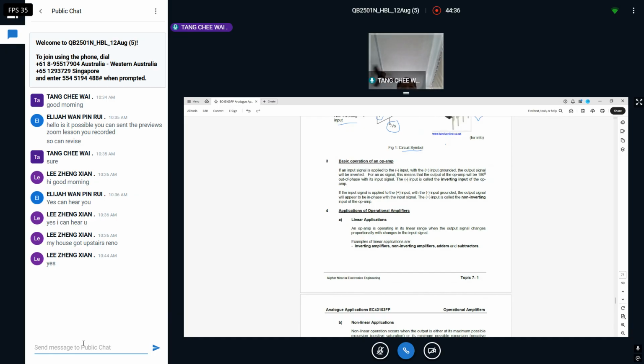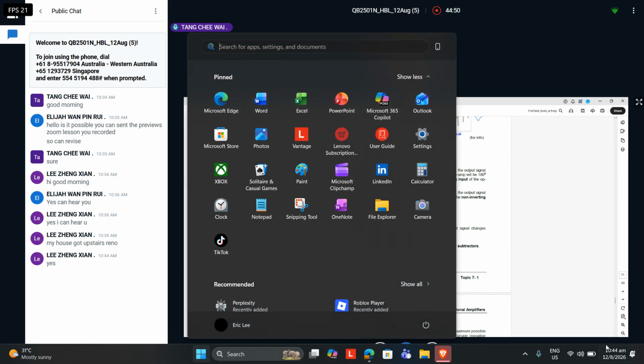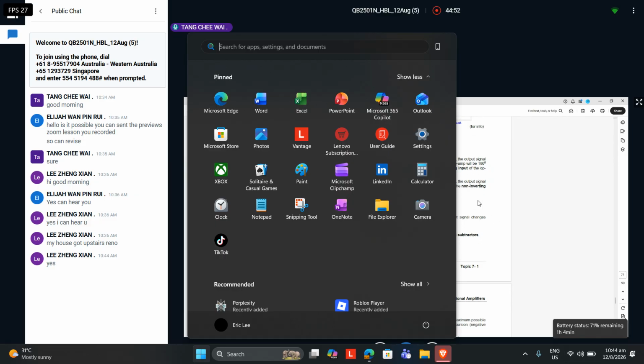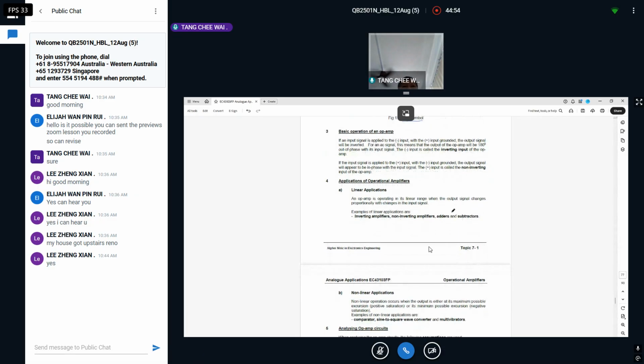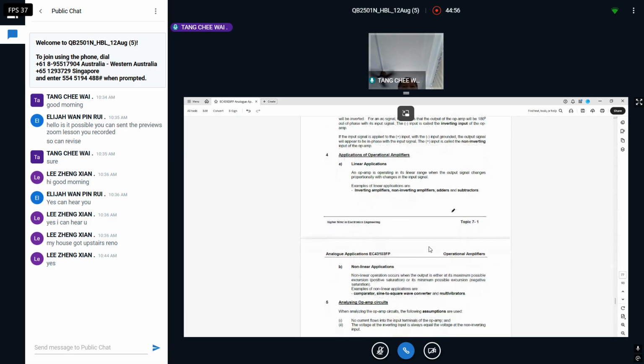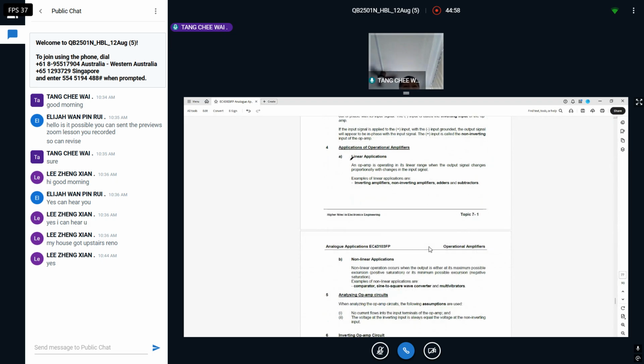Basic op amp operation. As mentioned just now, they have two inputs. One is the negative, which we call inverting. The other one is positive, which we call non-inverting. Now we talk about the application of the op amp. Here they call it linear operation application. What does it mean?